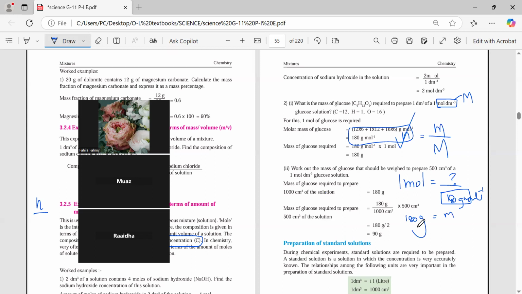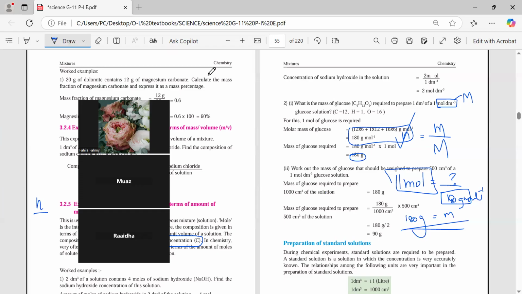So you need 180 grams if you want 1 mole of glucose, right? So this is how you prepare a 1 mole per cubic decimeter solution of glucose.